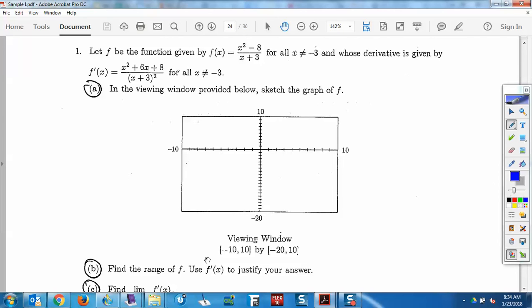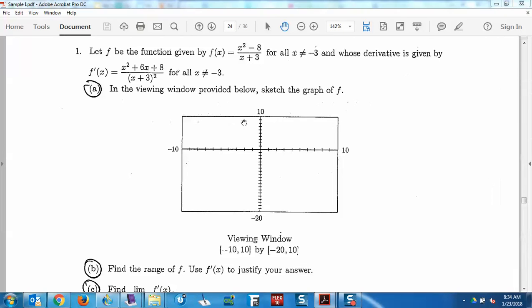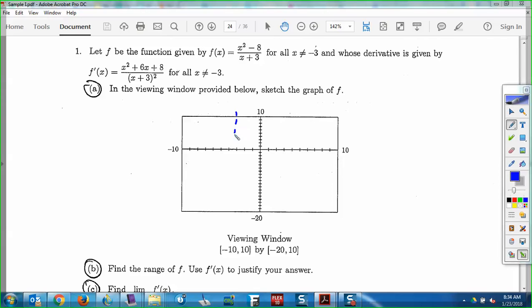Well, first of all, let's draw the graph, because that's going to be helpful. It looks like it's got a vertical asymptote at x = -3 right here. And then it comes down like so, at about what point? That's what we don't know, right?